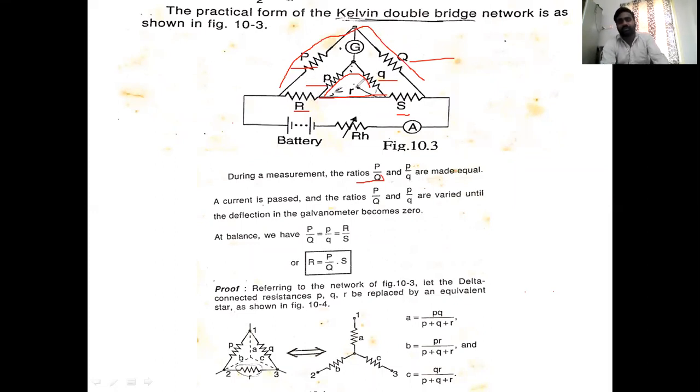If the current flowing through the outer arm, capital P divided by capital Q, is equal to the current flowing through the unknown resistance and known resistance, what will be the expression? The expression will be capital R is equal to P by Q into S. Most of us are familiar with this expression.